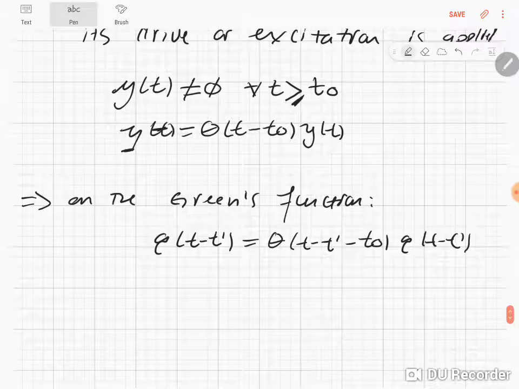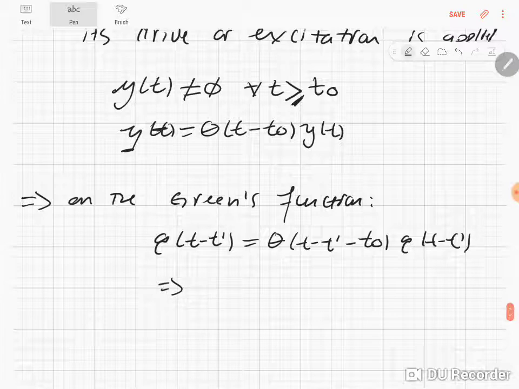And if we just take t prime to be equal to 0, then we say that g of t is equal to theta of t minus t0 times g of t.